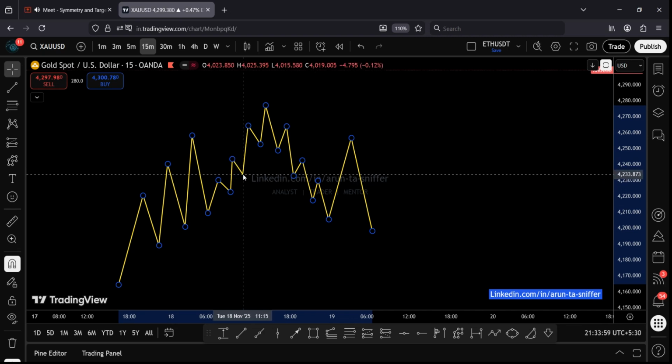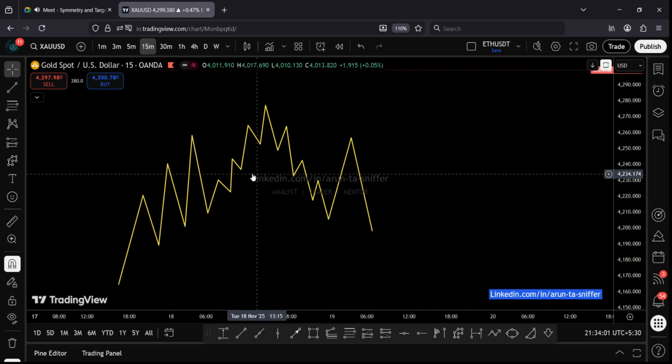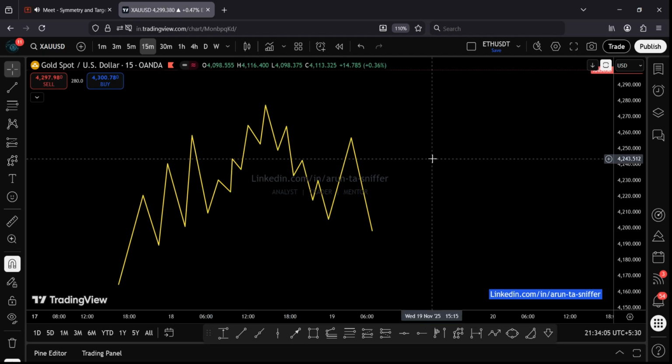So in a scale, to change the scale, the price needs to engulf the low. But in symmetry this is not happening.